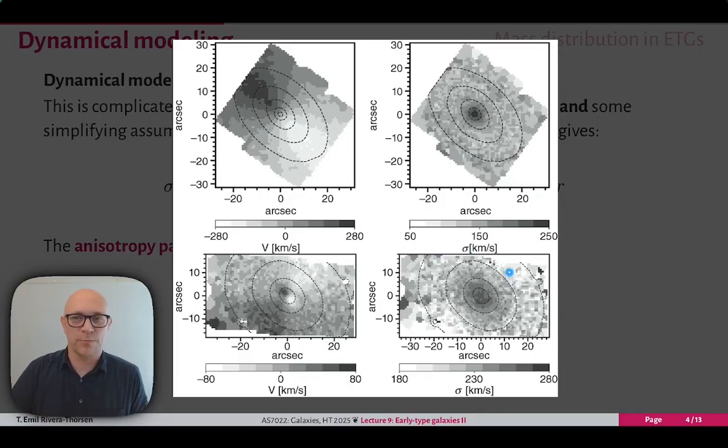And clearly these are not perfect spheres, so this is still under some kind of very simplifying assumption, but still more detailed and much less simplified than it was with the virial theorem.